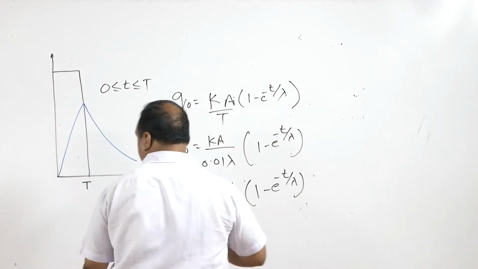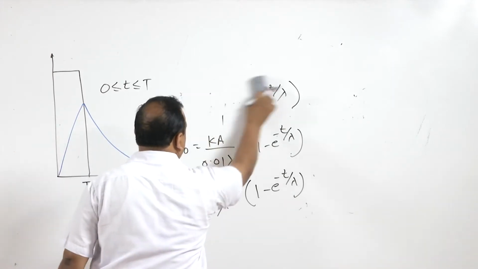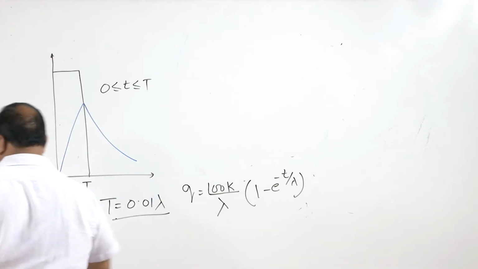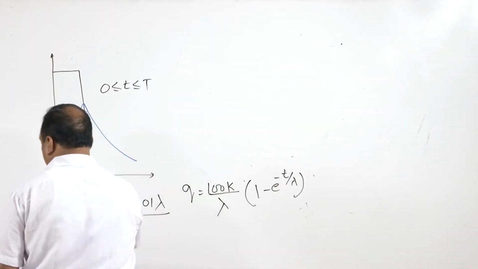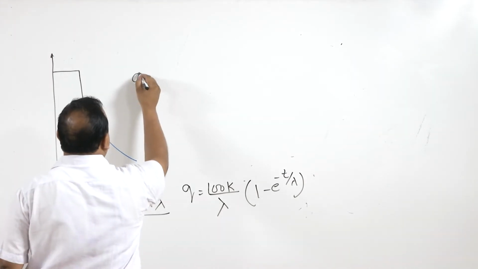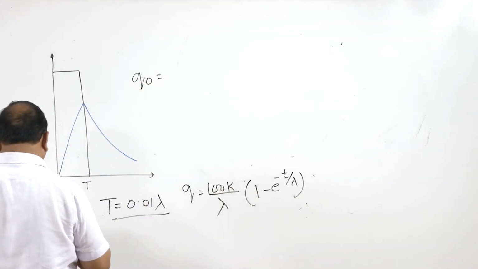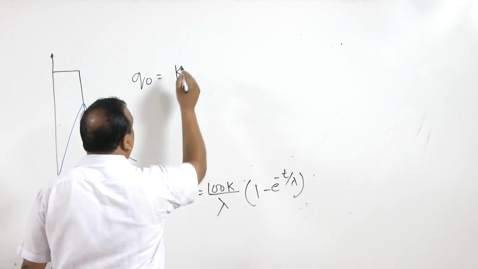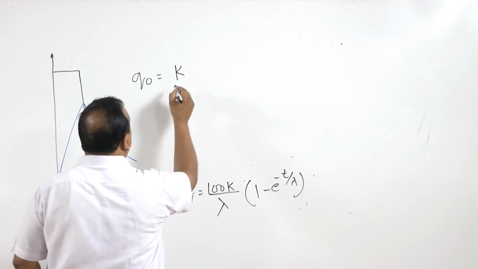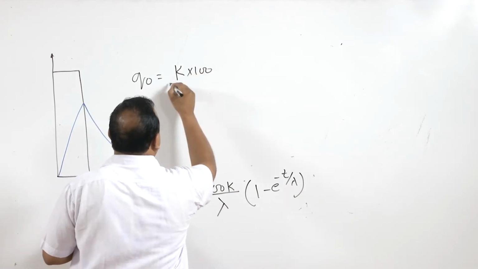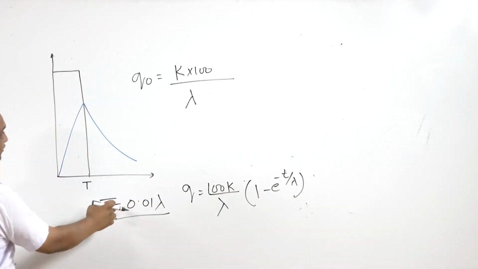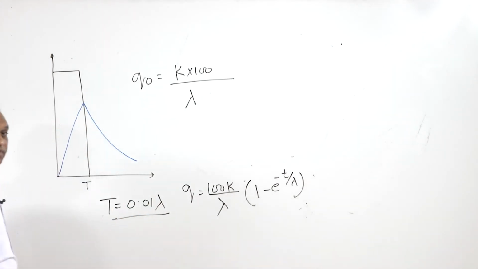The approximate solution is Qo is equal to K, A we have already taken 1, multiplied by 100, divided by lambda, because capital T is replaced by 0.01 lambda.